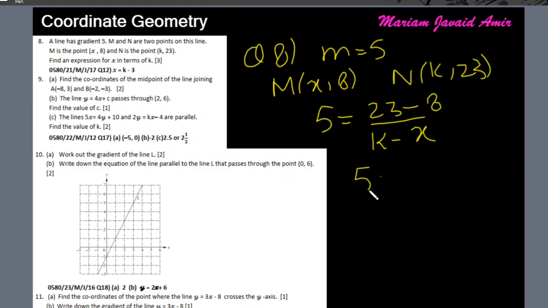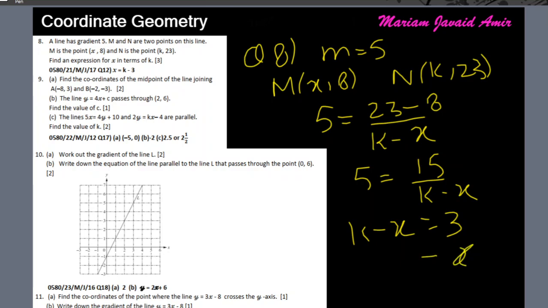So this becomes 5 equals 15 over k minus x, which becomes k minus x equals 3. So we have to make x the subject, so k minus 3 is the answer, equal to x.